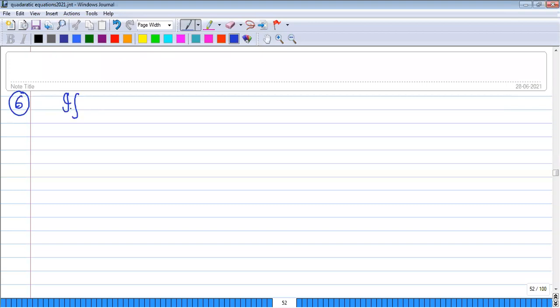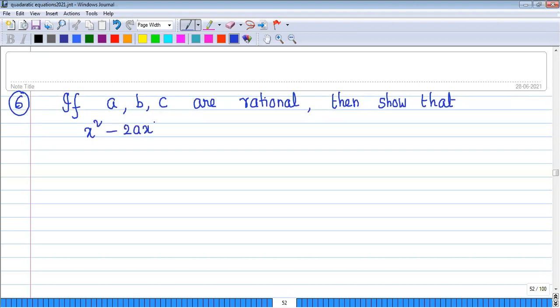If a, b, c are rational, then show that the roots of x square minus 2ax plus a square minus b square plus 2bc minus c square equals 0 are rational.